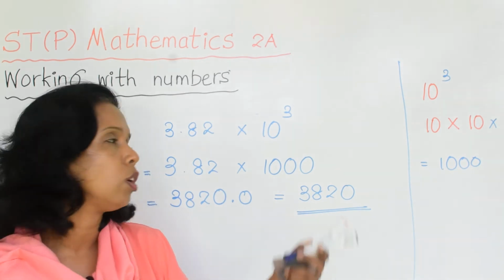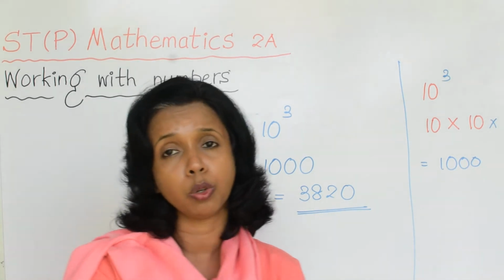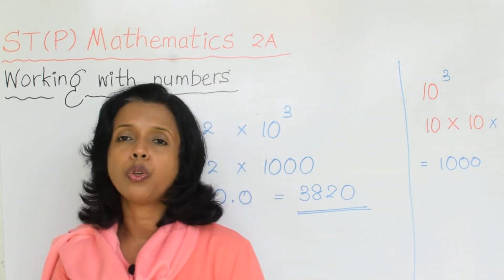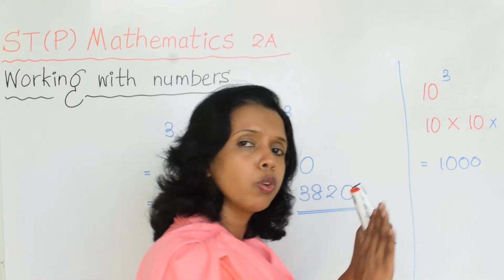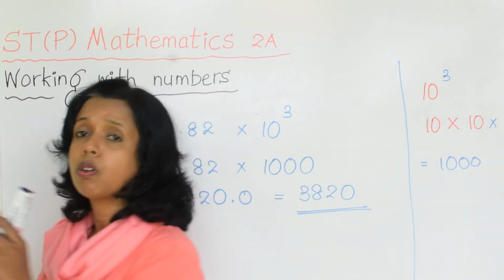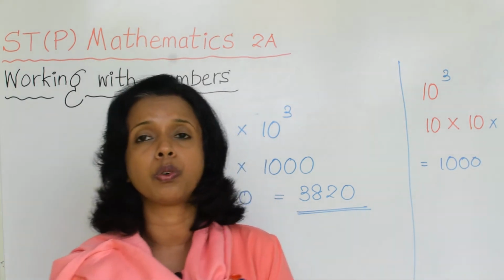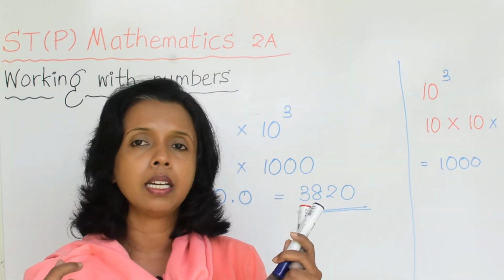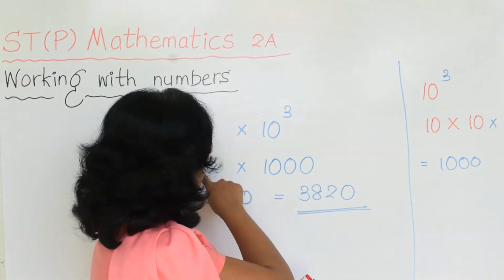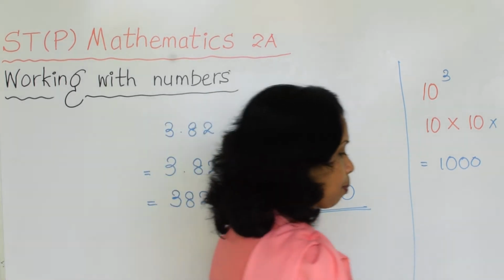But if you know that when you are multiplying a decimal number by 10, 100 and 1000, according to your lower grades knowledge, if it is a multiplication, you want to move the decimal point to this side. If it is a division, you want to go to this side with the decimal point. But how many steps you want to go will be decided by the number of zeros, right?